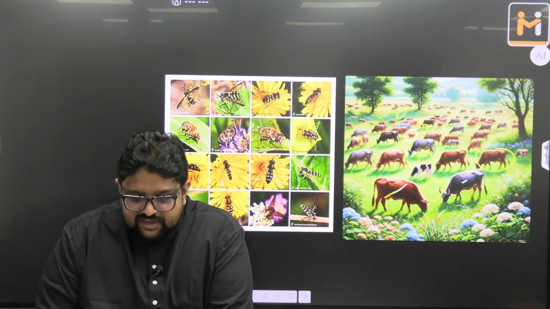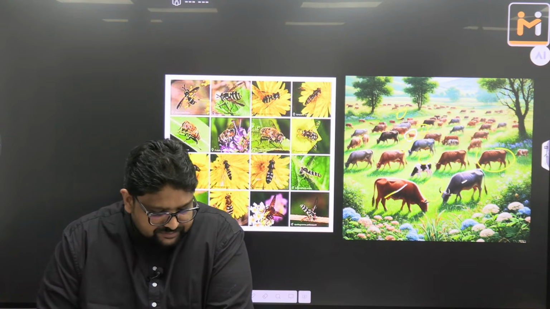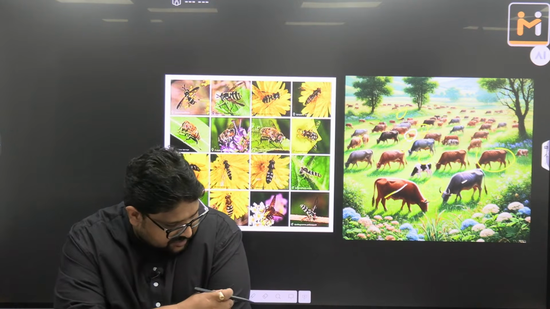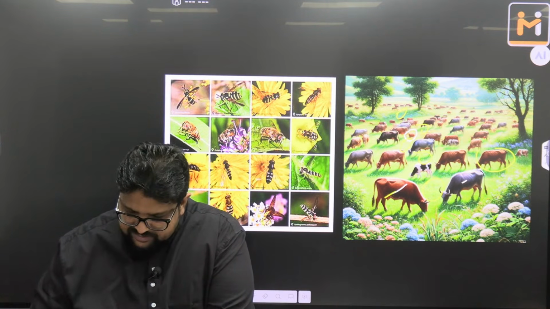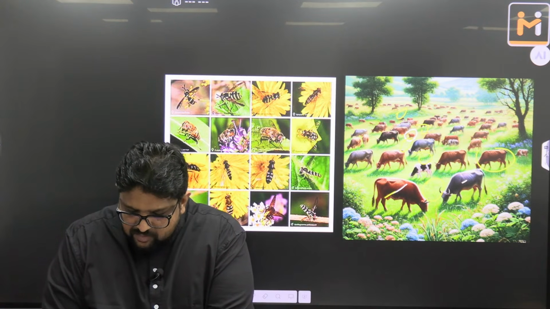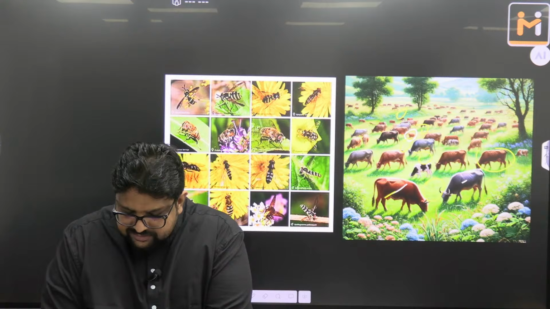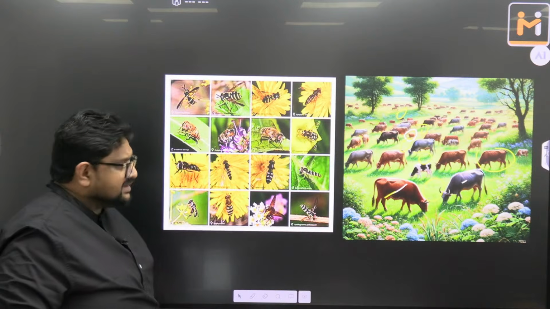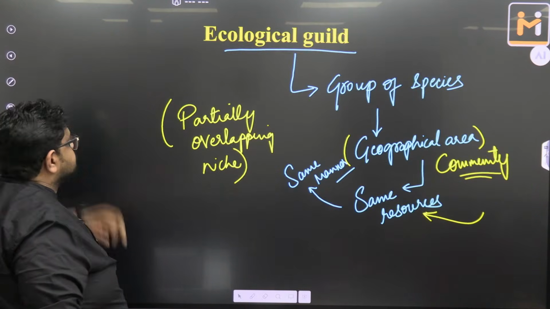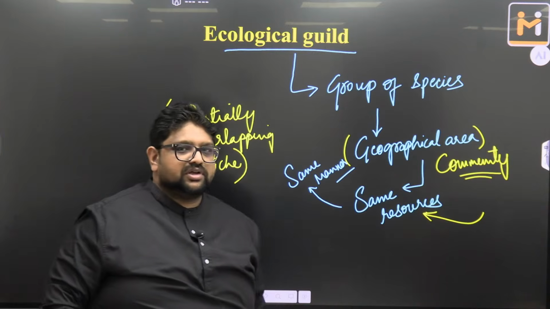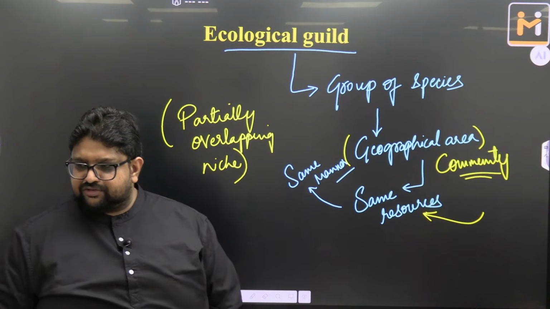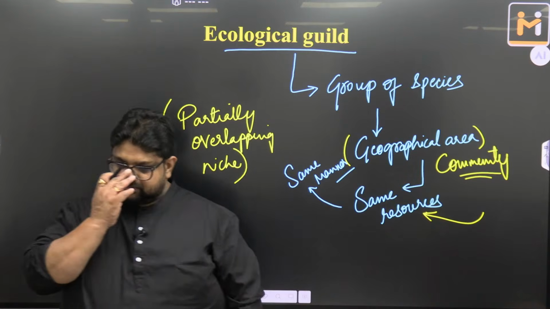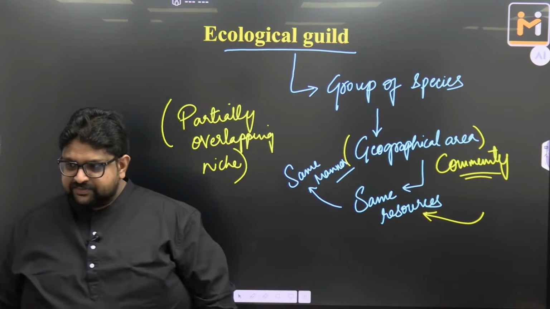So write down this. They are the group of species in the same community which utilize the same resource in the same manner.